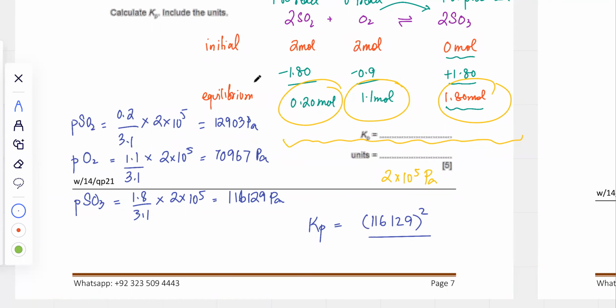Divide by SO2 squared, that's 12903, into the pressure because of O2, that's 70,967. So what's the final value of Kp, which they're looking for?